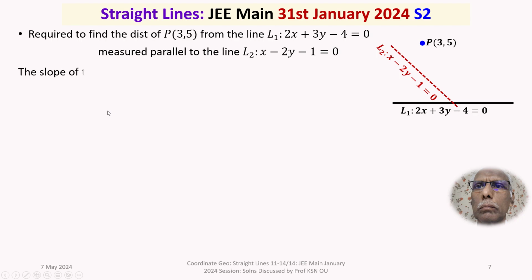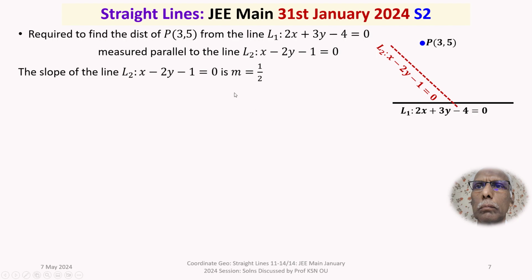So the slope of the line L2: the equation of the line L2 is x - 2y - 1 = 0, so m is equal to 1 by 2. Why are we finding the slope? Because we want to find the distance of this point P from this line measured parallel to it. Therefore, you have to find a line through P parallel to L2.